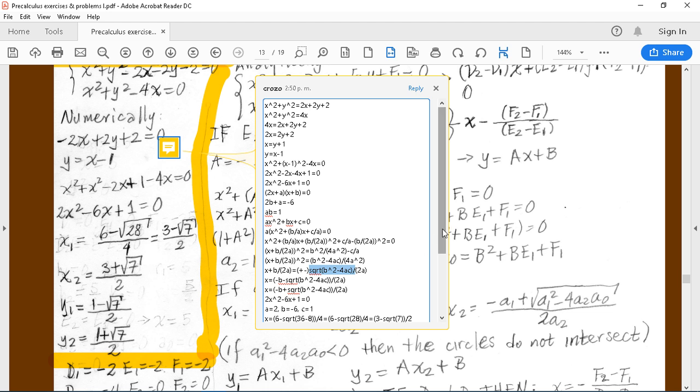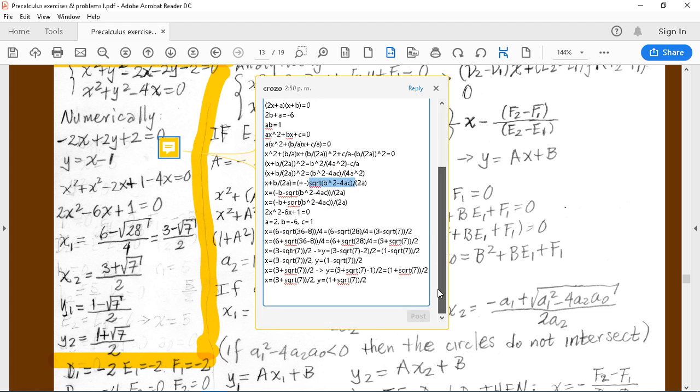In the case of 2x squared minus 6x plus 1, we have a equals 2, b equals minus 6, and c equals 1.